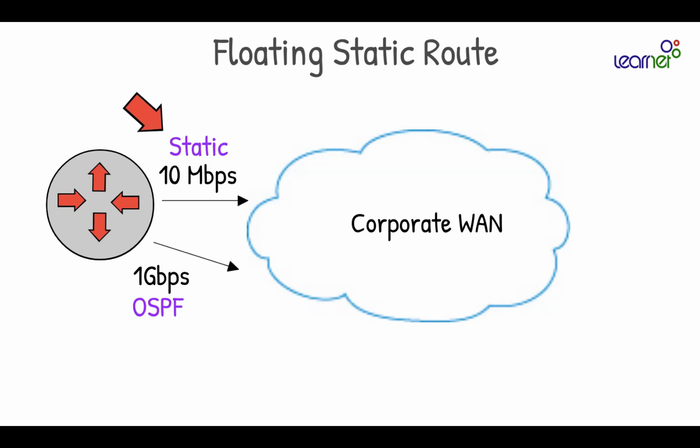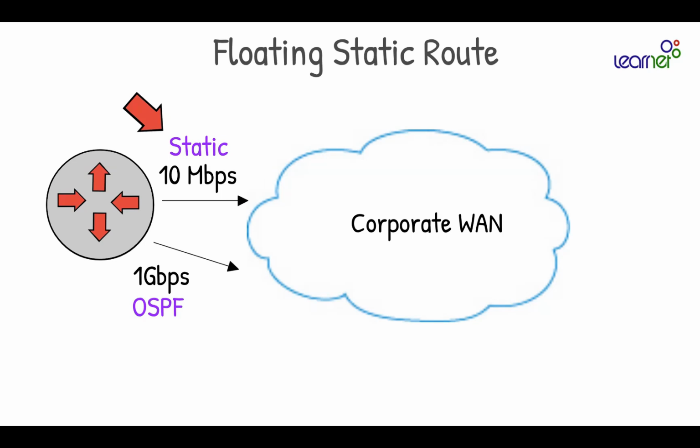A floating static route is simply a static route configured with a higher administrative distance, making it less preferred than the OSPF route under normal conditions for this scenario. In your situation, it might be another routing protocol. By assigning the floating static route an administrative distance of, say, 200, we ensure that the 1 gig OSPF link is used as the primary path.